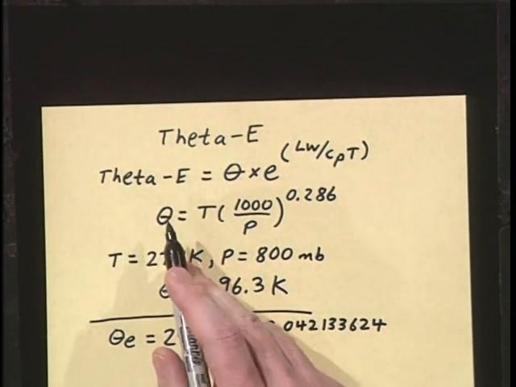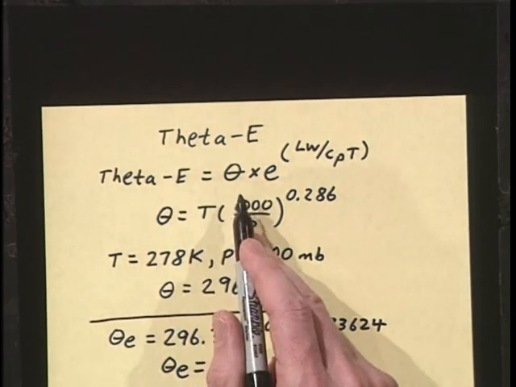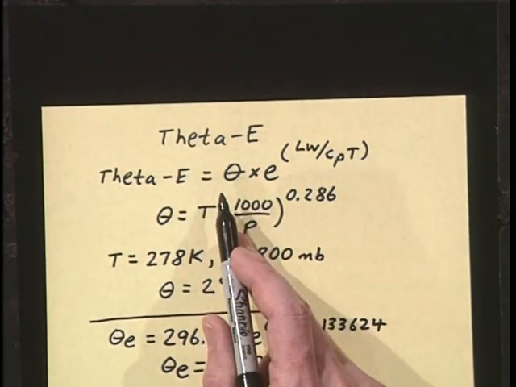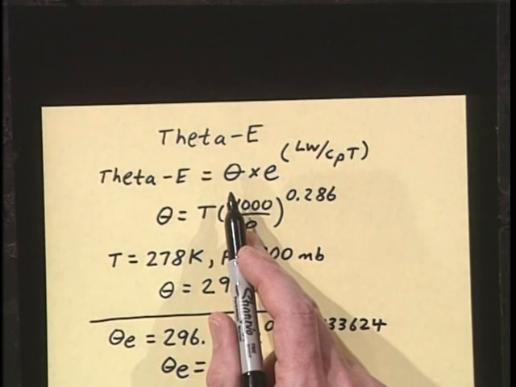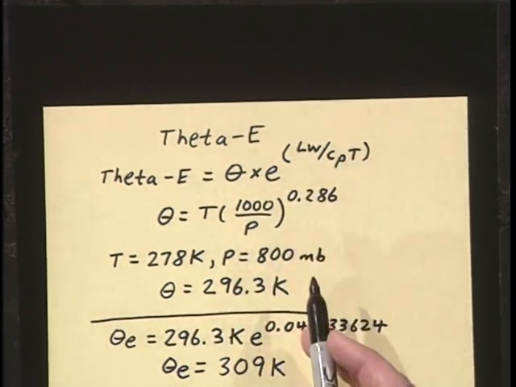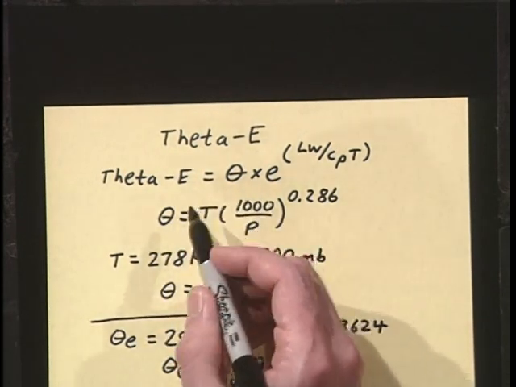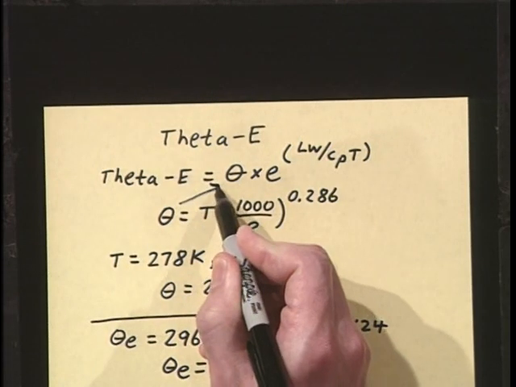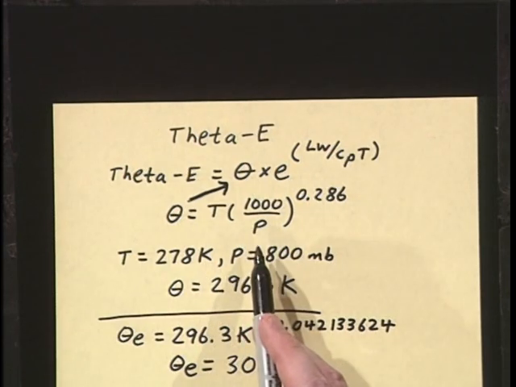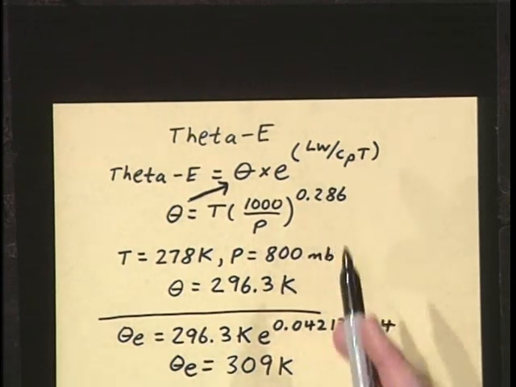Here is our equation. We have the theta E, equivalent potential temperature, is equal to the potential temperature. The symbol here, theta, means potential temperature, then multiplied by the exponent of those 4 terms we looked at earlier. For the potential temperature, the equation we need for that is the temperature times the 1,000 over P to the 0.286 power.